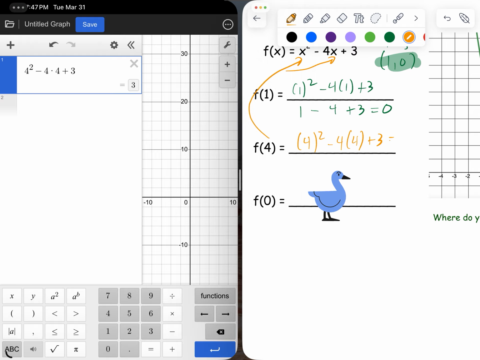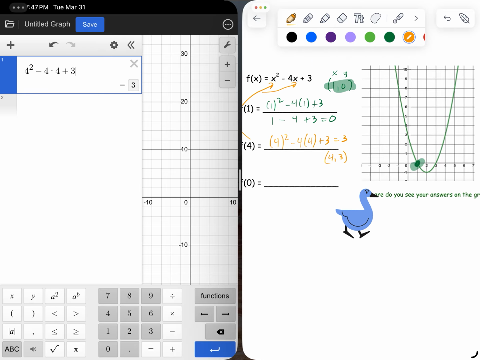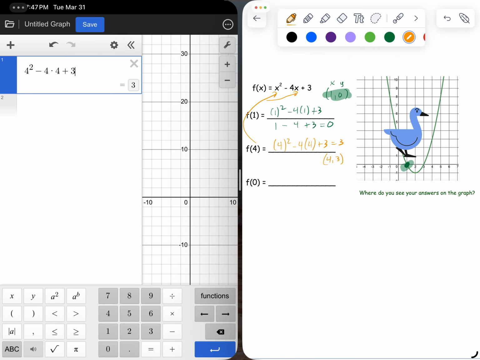Voila. That is 3. So the coordinate is 4 comma 3, which is on my graph right here, over 4 and up 3. And there we have it. It's working out.